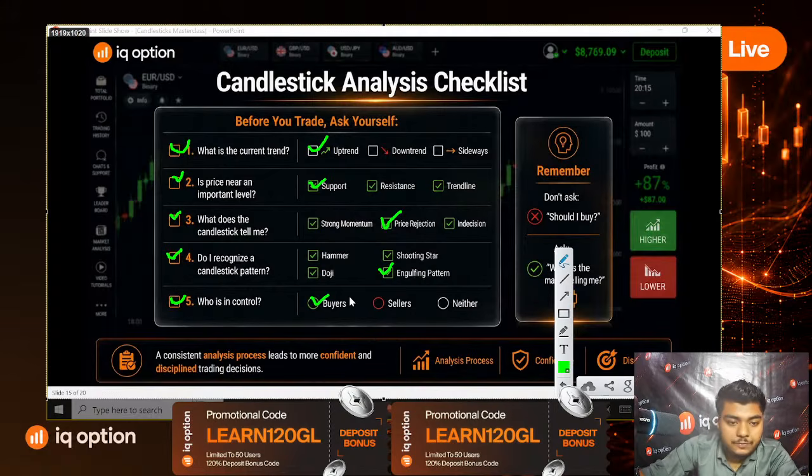If you combine all this together, you will hardly make mistakes. Beginners just get a candlestick pattern at a support or resistance level and simply trade it without doing the checklist and all the analysis. So remember, guys, always check all the checklist, then make your decision.